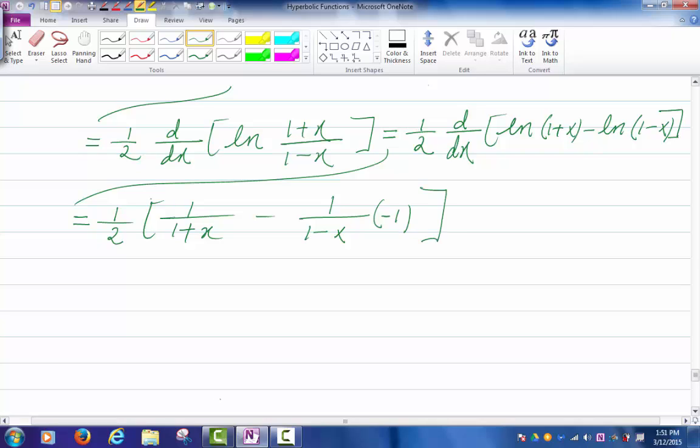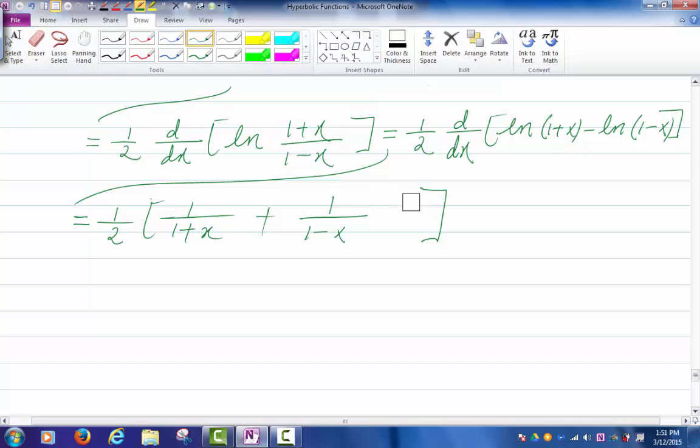Right? Why negative 1? Because derivative of 1 minus x is negative 1. And then you can see that it's basically plus, right? So I'm going to make it a plus and get rid of that negative 1. And now we're just going to do simple algebra.